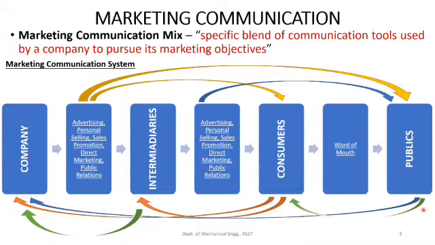Now the public can give feedback to the consumers, or they can give feedback to the company directly. Consumers also can give feedback either to the company directly or to the intermediaries. And similarly, the intermediaries also transfer feedback from the consumers to the company. So there's always a return flow of information as well.